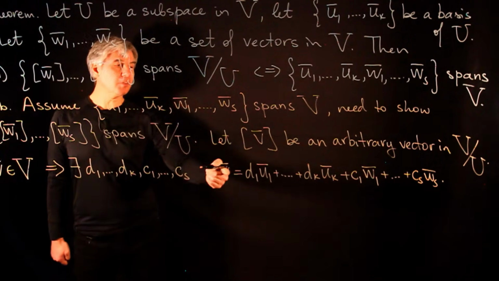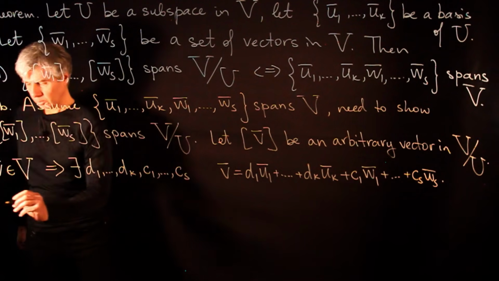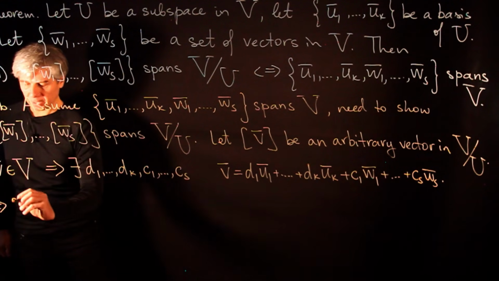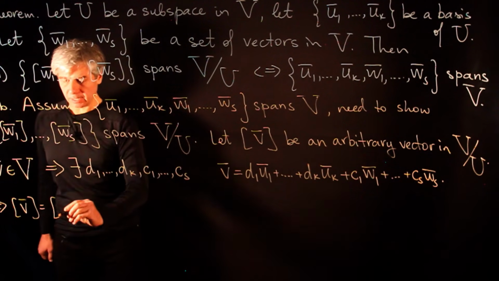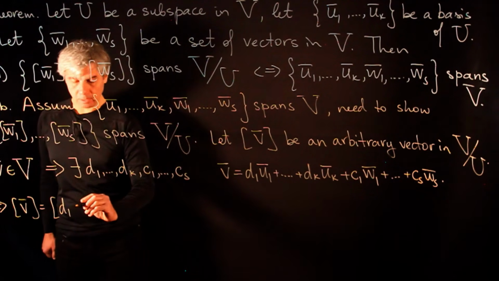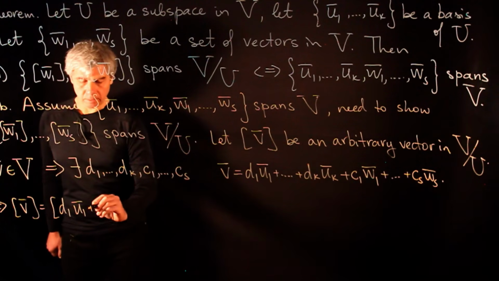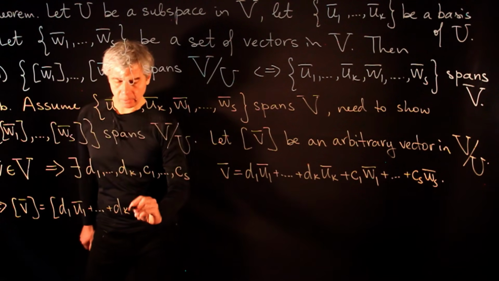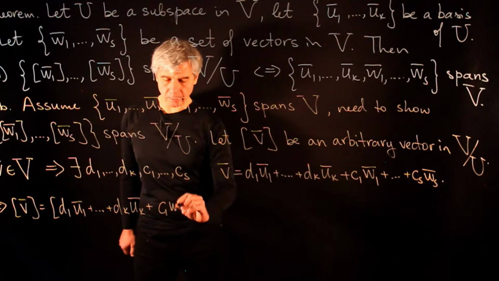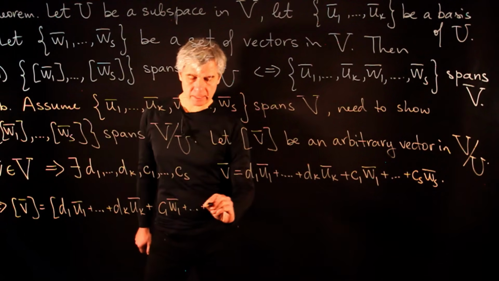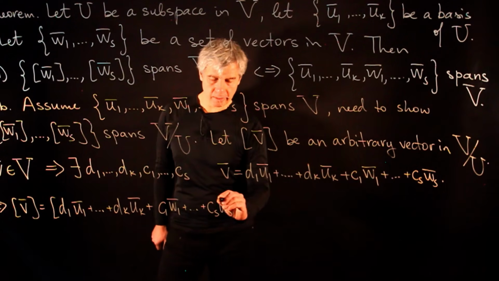Let us take the equivalence class of both sides. So from here we get that the equivalence class of V is equal to the equivalence class of this linear combination D1 U1 plus ... plus Dk Uk plus C1 W1 plus ... plus Cs Ws.